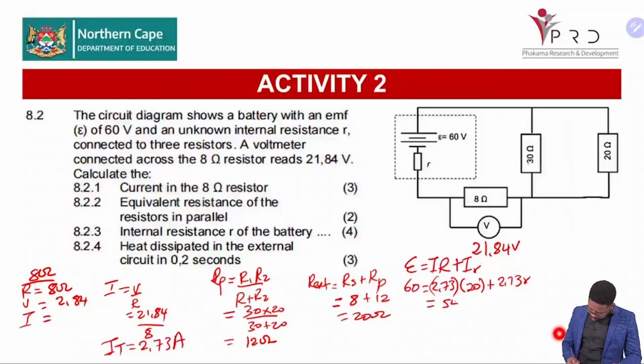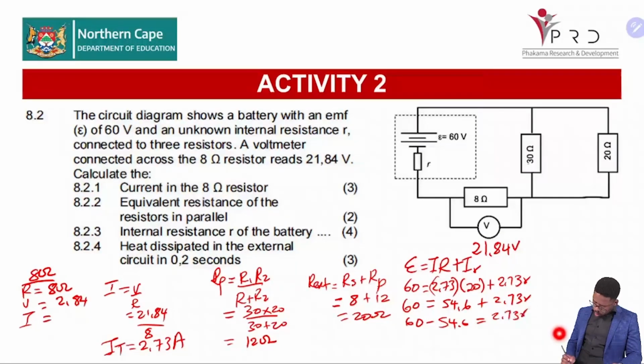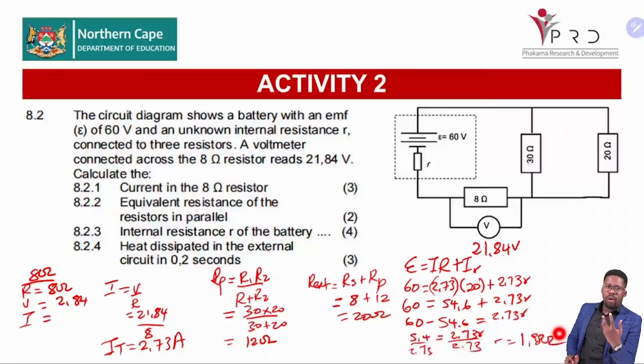It will be 54,6. So here we have 60 equals 54,6 plus 2,73 r. You transpose 54,6. You'll have 60 minus 54,6 is equal to 2,73 r. And then I think here you'll get 5,4 is equal to 2,73 r. Divide both sides by 2,73. Therefore, what is our r? It is going to be 1,98 ohms.